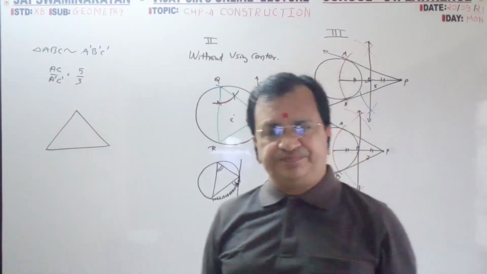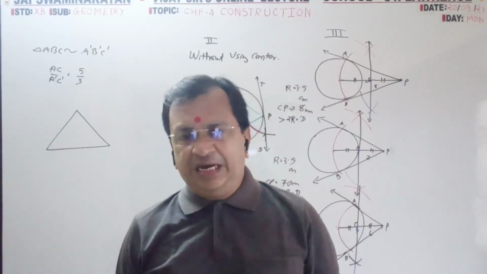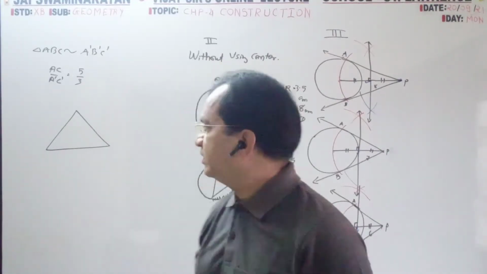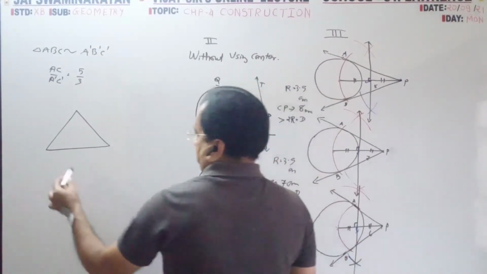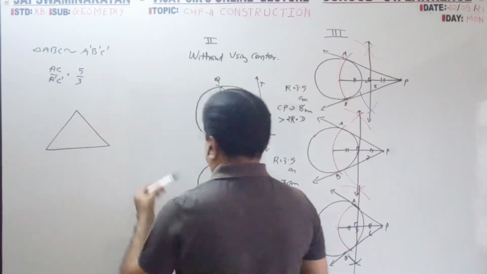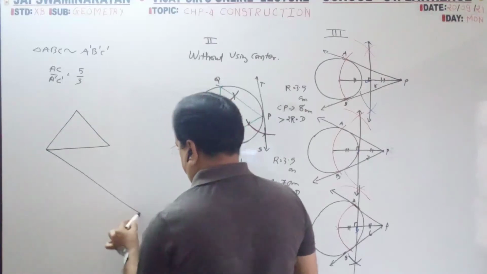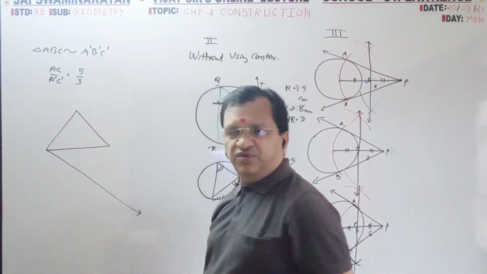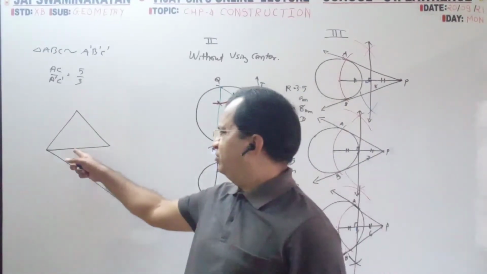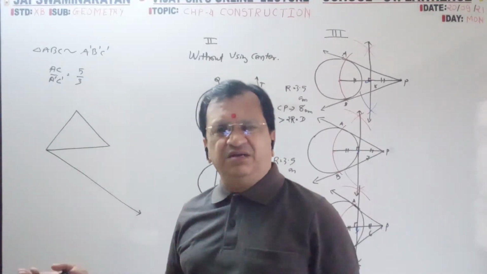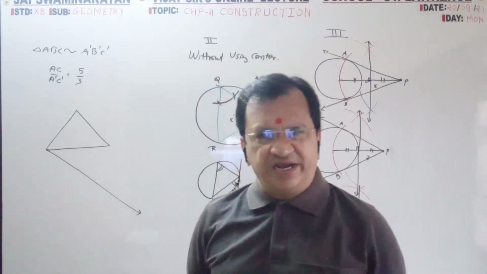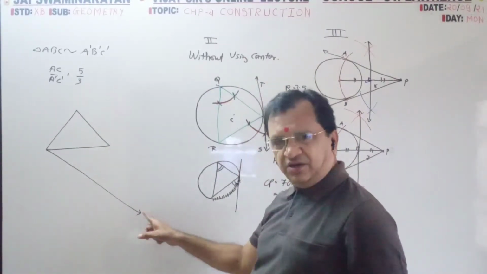Correct? Now, from the end point of your base, you have to take one ray. No need to measure, it should be around 30 to 40 degrees, but extend it to the corner of your book.